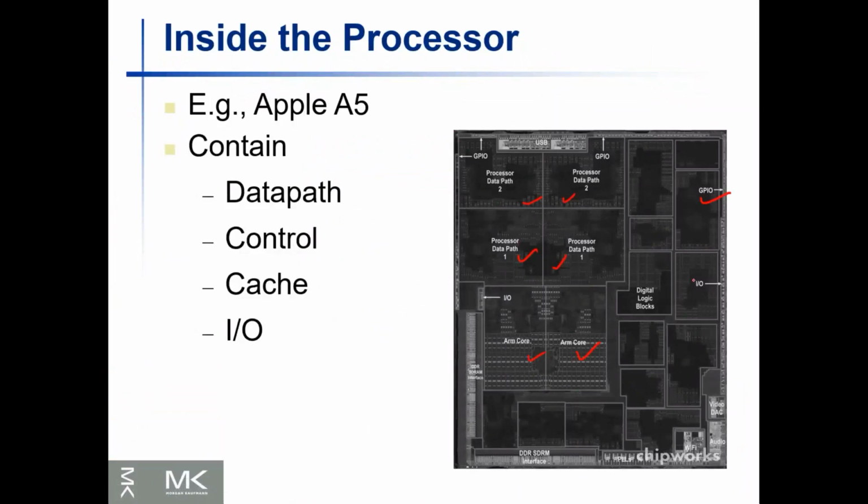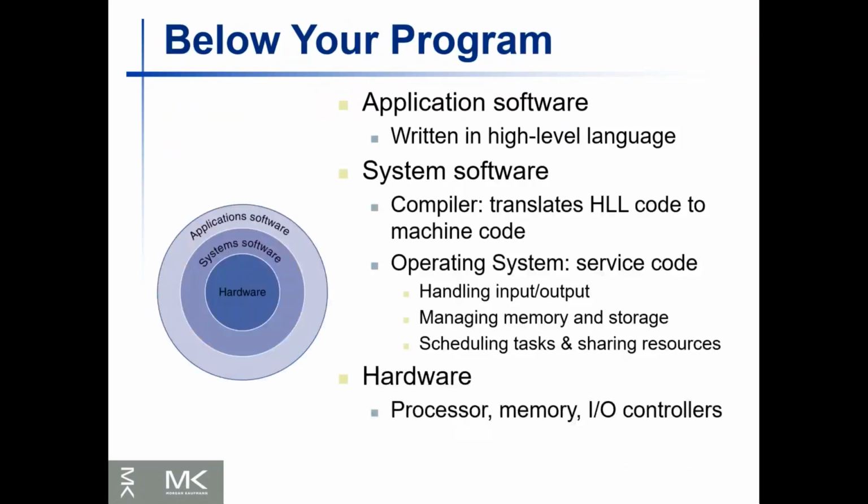We have some GPIO. We have some other digital logic, which is secret. We have some DDR memory controller, and they also have other things like image signal processing, video compressor, video decompressor, and so on. They have a lot of other things. So this is what we call a system on chip.